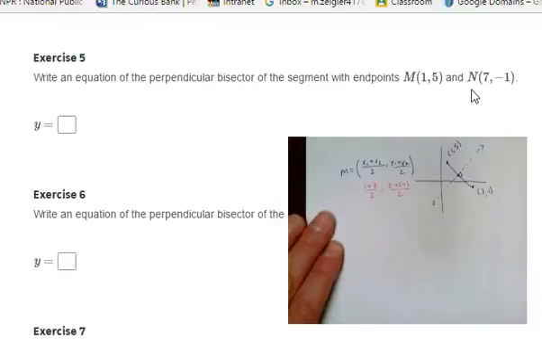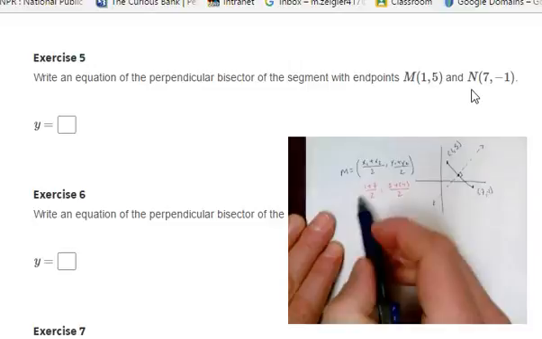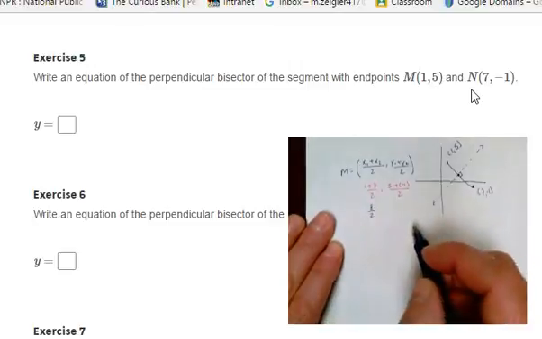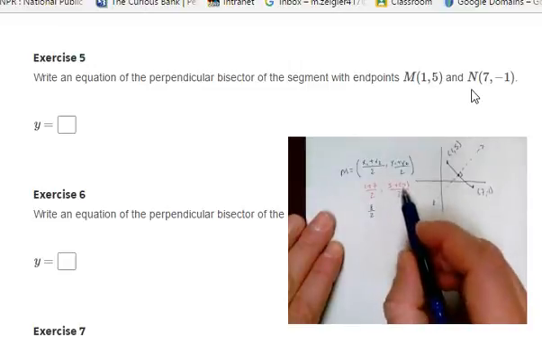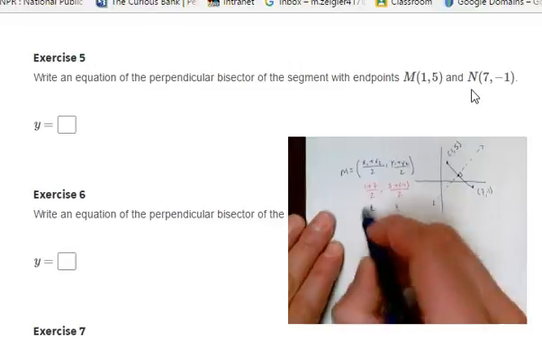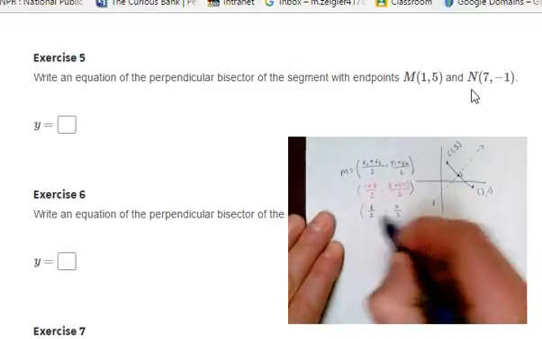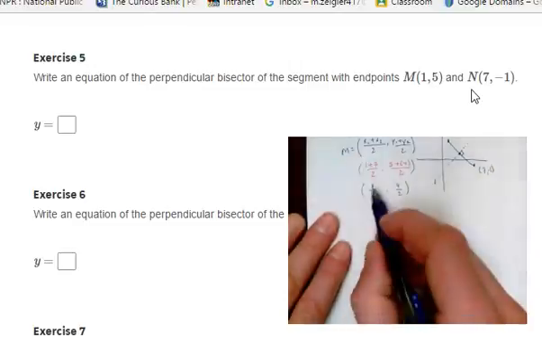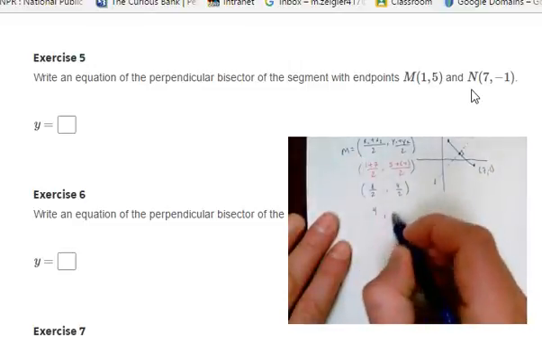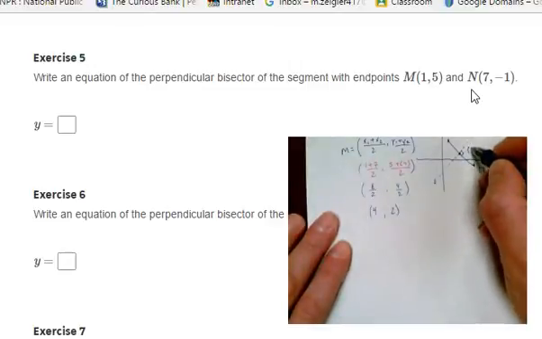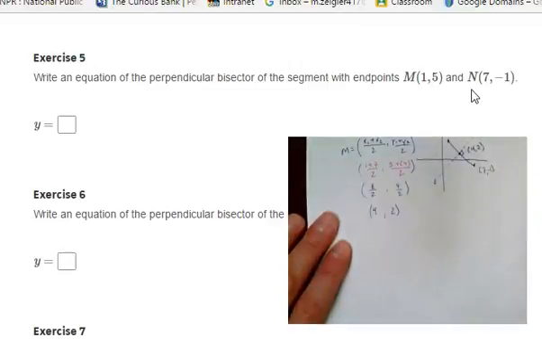Then 1 plus 7 is 8 over 2, and 5 plus negative 1 is 5 minus 1, that's 4 over 2. So 8 over 2 is 4, and 4 over 2 is 2. So this point up here is (4, 2).